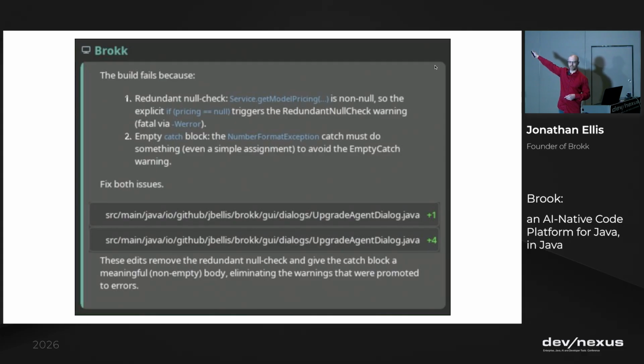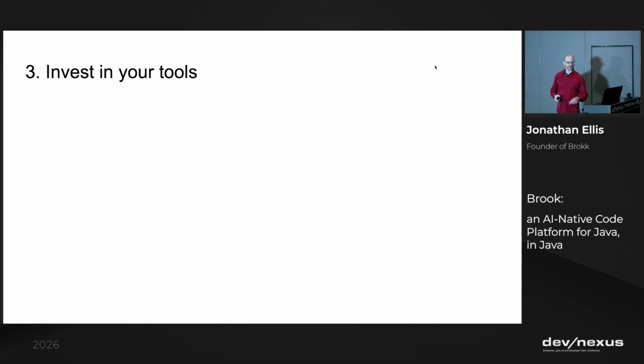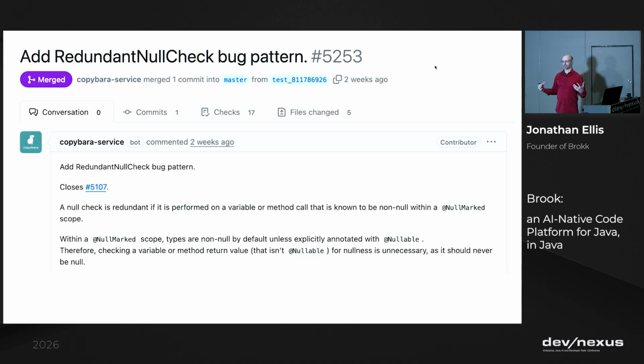And so this redundant not-null check here did not exist until a couple months ago, when one of Brokk's engineers contributed it to the project. One of the things that coding with AI gives you is that it brings the barrier of entry down super low. Three years ago, I would never have invested in writing a custom rule or a new rule for Error Prone, because it's a massive project and there's a lot to figure out.